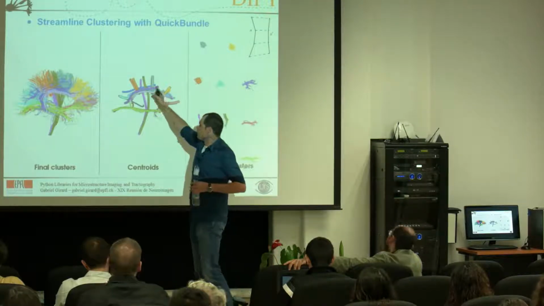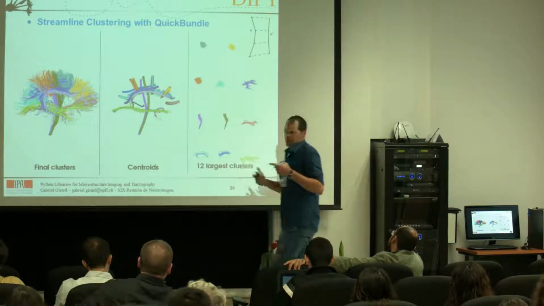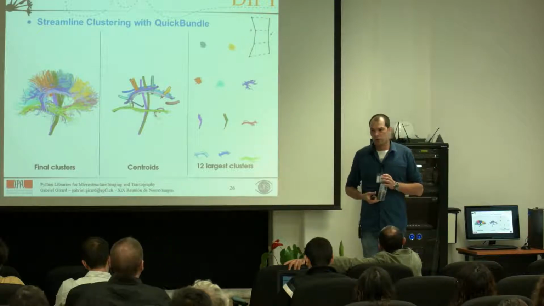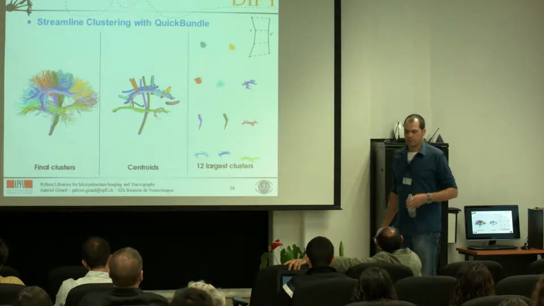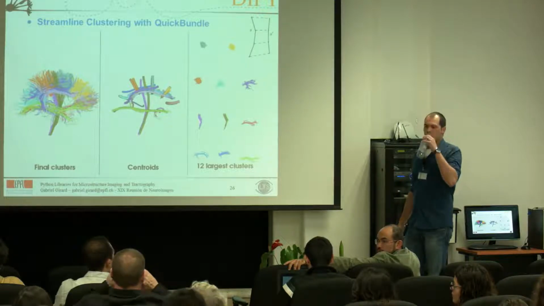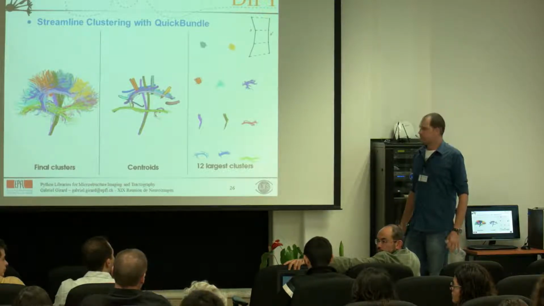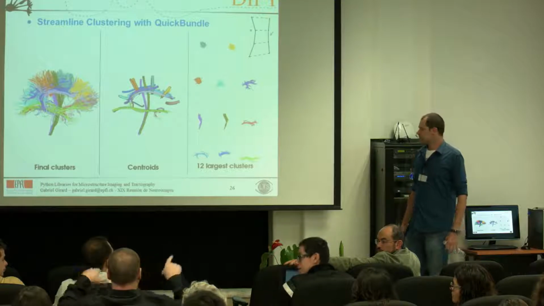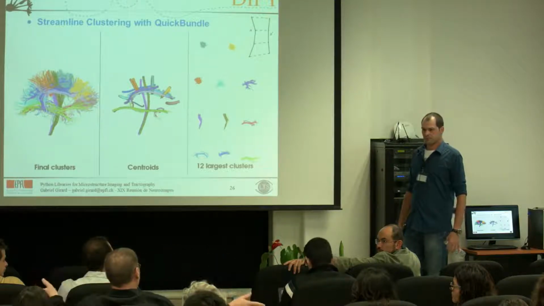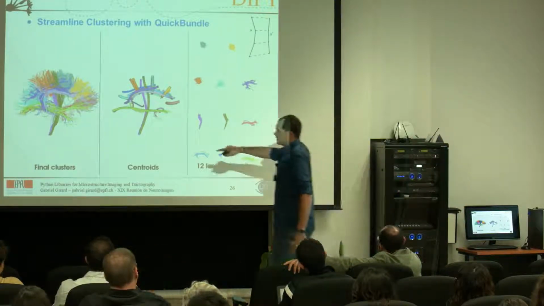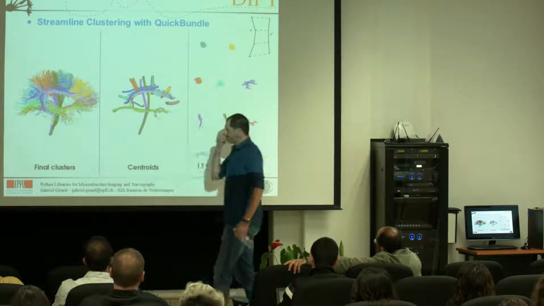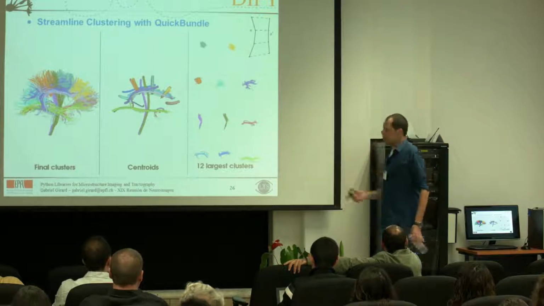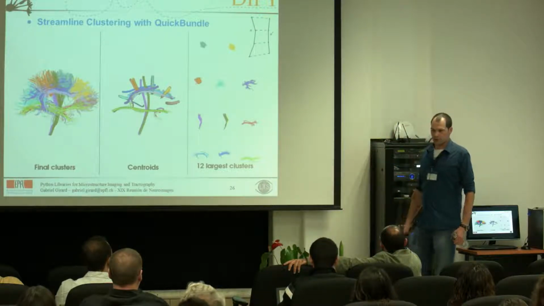So you don't know how many clusters you will get, but it will be driven by the data. Yeah, but this is because in the original tractogram, we don't have many of those connections on the side. If you had them, most likely you would have clusters for those.